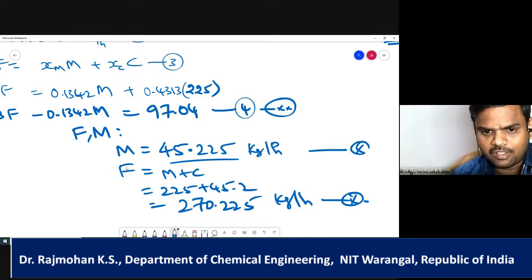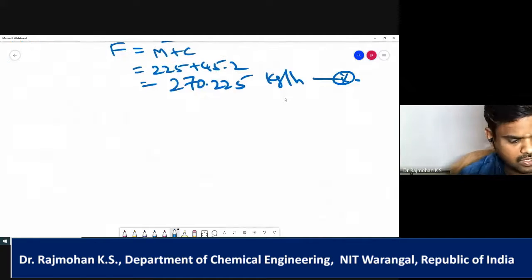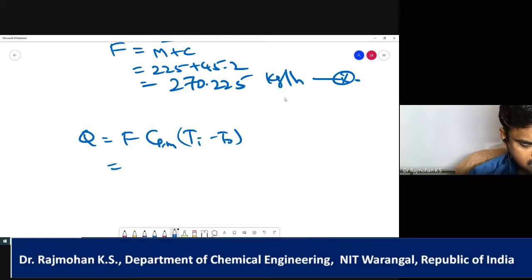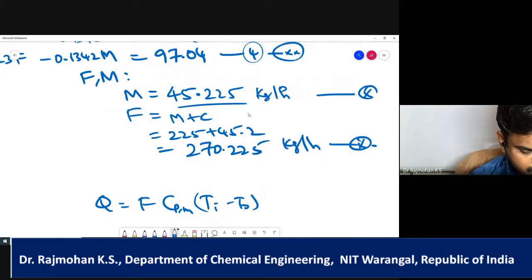But how much is the mother liquor produced and what is your F value? Once we have this F value, you can find out what Q is equal to: F Cp (Ti minus T output). Okay, so the M value, sorry, is not 45.2. We get the M value as 0.096 into 45.2, which is equal to 471.5.